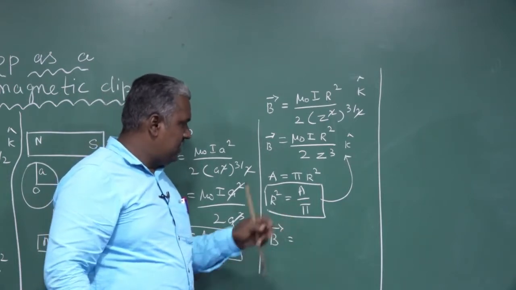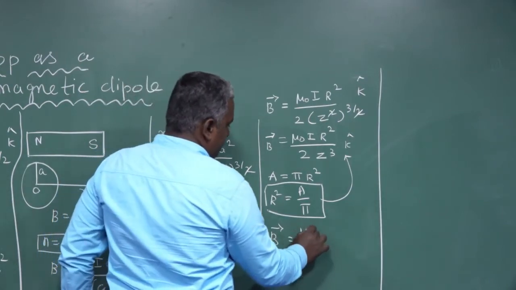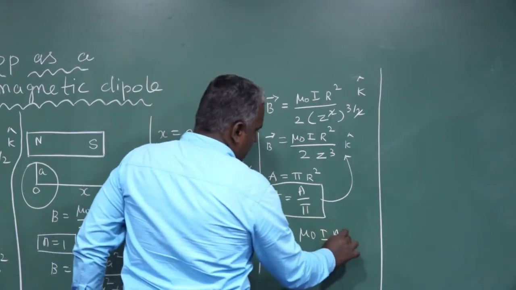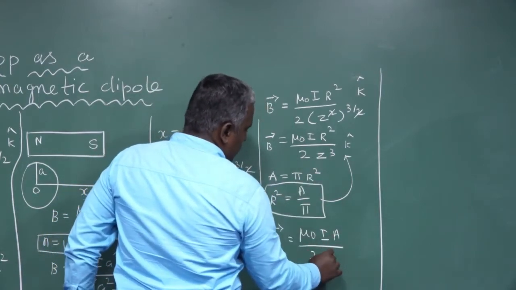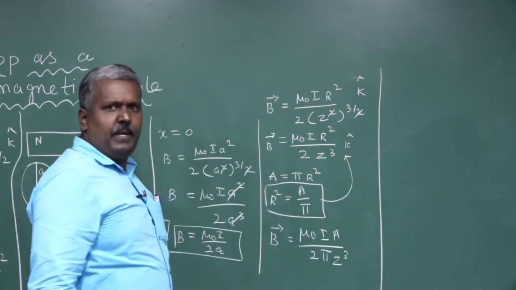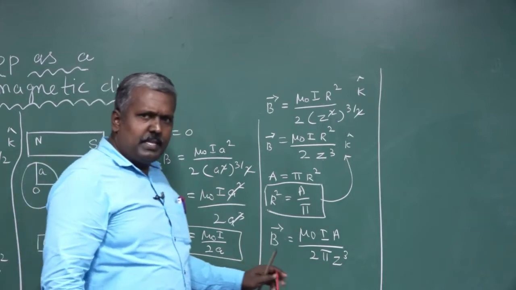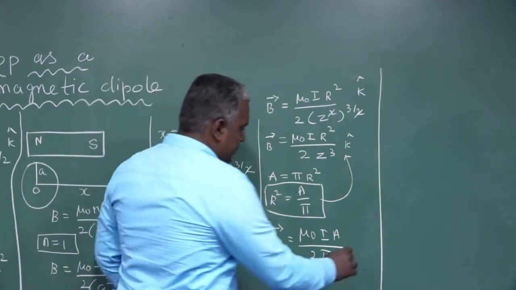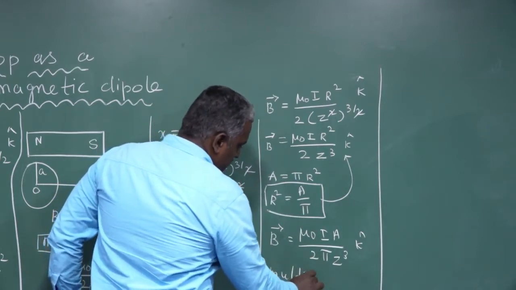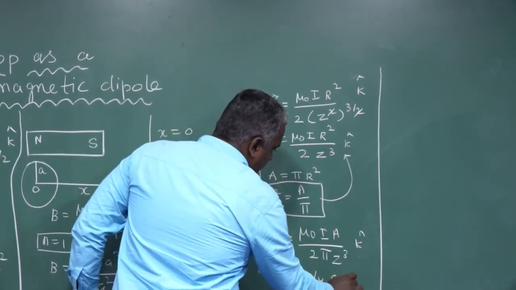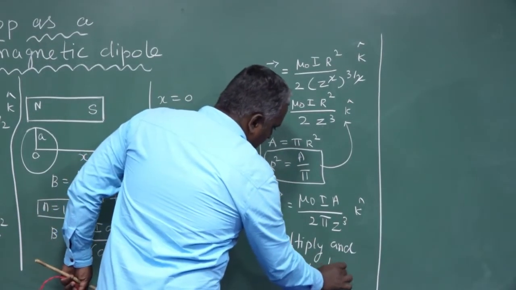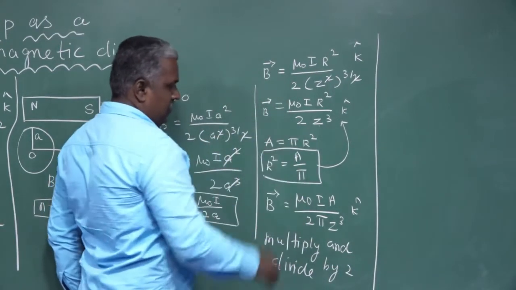Clear? So B vector is equal to mu naught I, R square is equal to A by pi, no? So A by 2 pi into Z cube. And listen here, at this point, multiply and divide by 2 in this equation.